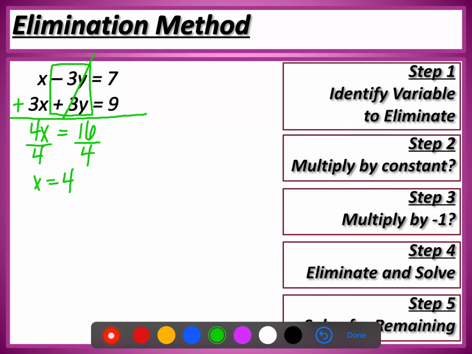This is a lot less work than substitution, so I think a lot of people are going to like elimination much better. All right, so we have our x, and now we just need to plug back in and get y so that we can have an ordered pair.